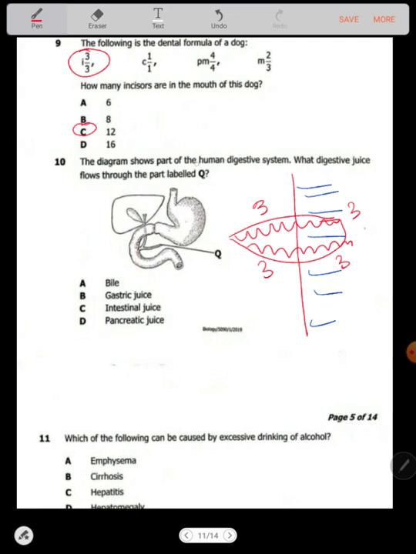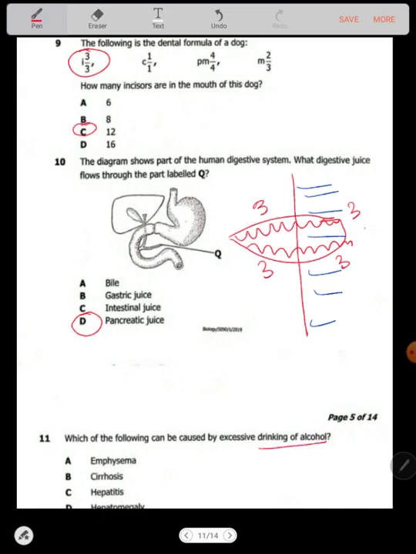The diagram shows part of the human digestive system. What digestive juice flows through the part labeled Q? Now look at the part labeled Q. This comes from the pancreas, right? And the pancreas releases what we call the pancreatic juice. Which of the following can be caused by excessive drinking of alcohol?